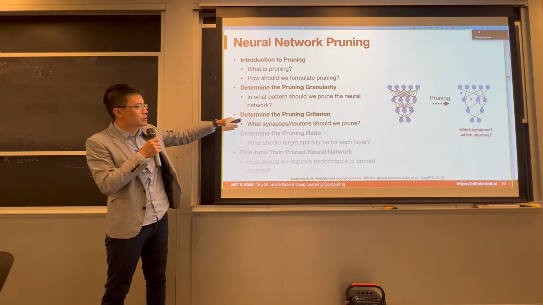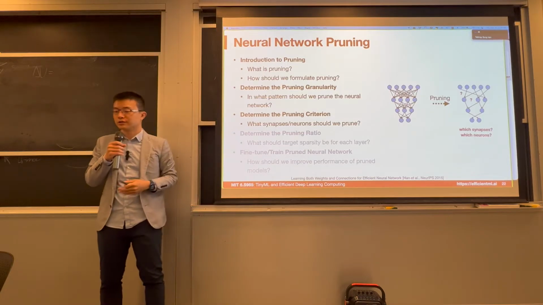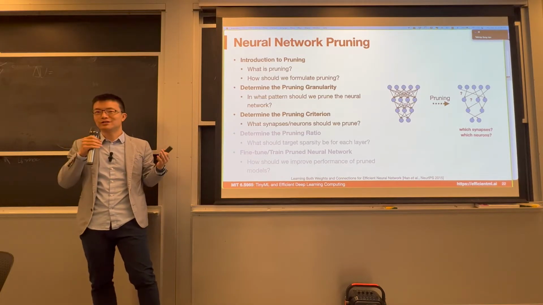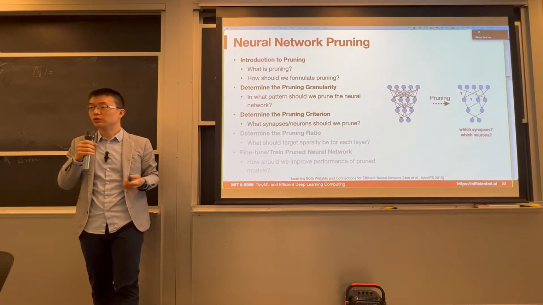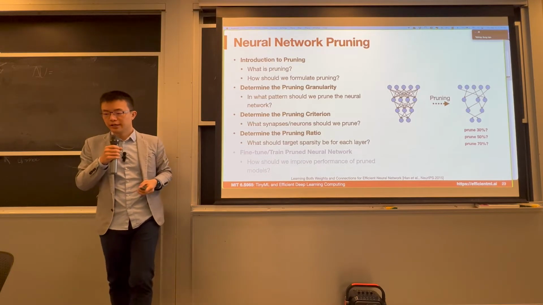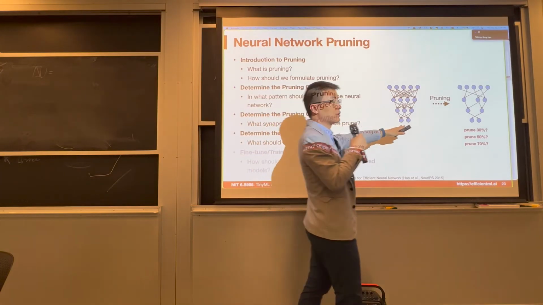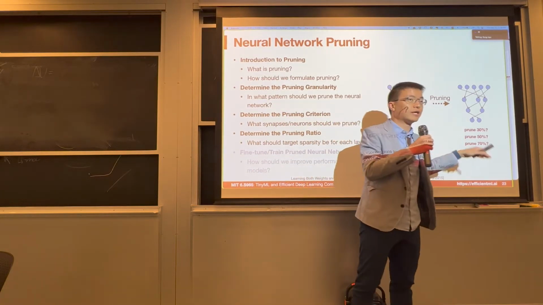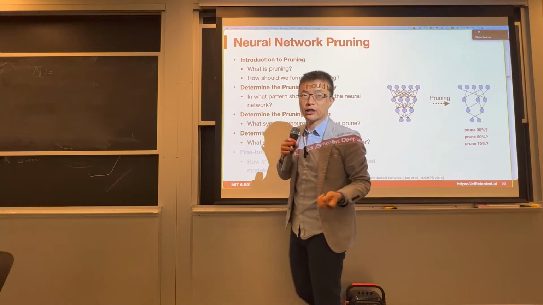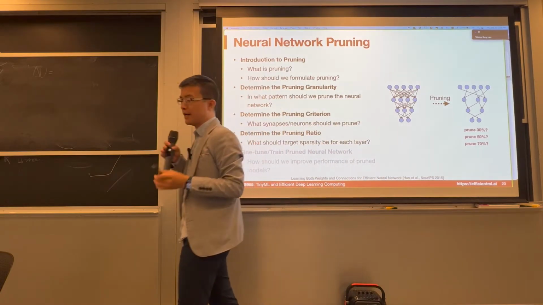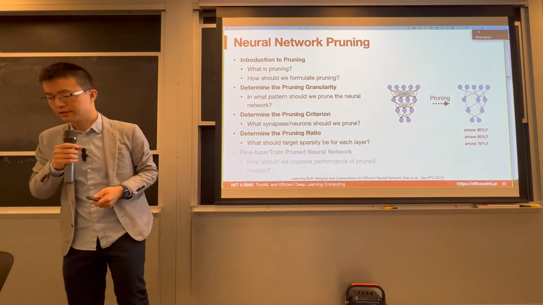So next we're going to talk about the pruning criterion. There are so many weights, so many activations. Which one should we keep? Which one should we remove? And the pruning ratio: for these 3 layers, do we prune 30% or 50% or 70%? How much should we prune to balance accuracy versus model size?